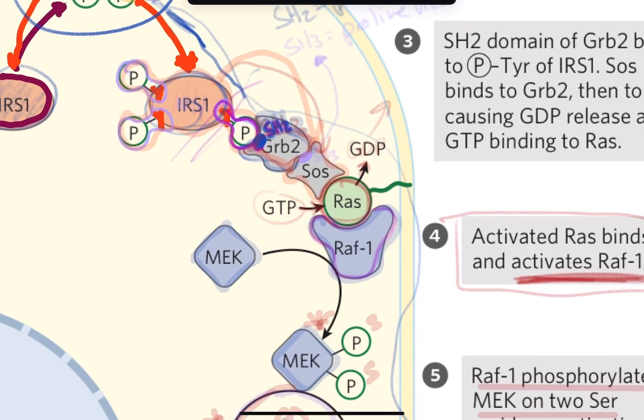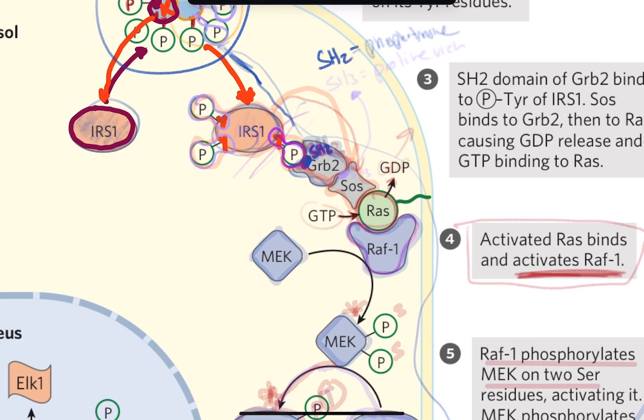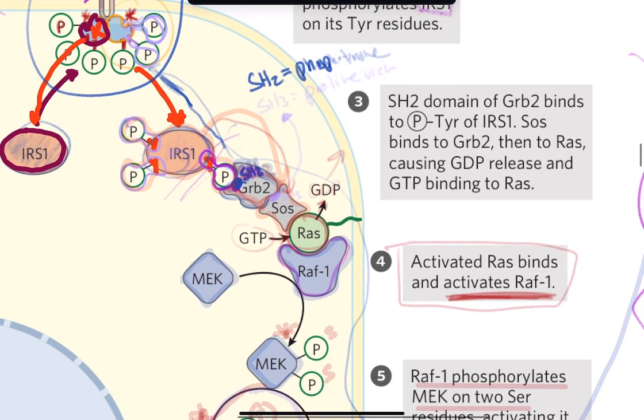And we know SH2 means phosphotyrosine. So we turned on the receptor. If we turn it on, that means we have phosphotyrosine residues active, whether from autophosphorylation in the receptor itself, or because we phosphorylated something else on its tyrosine residues, like this IRS1, whatever the case may be. Either way, we have phosphotyrosine residues.